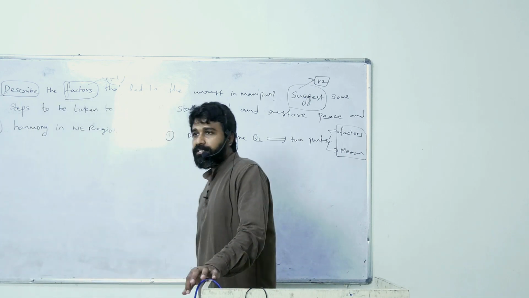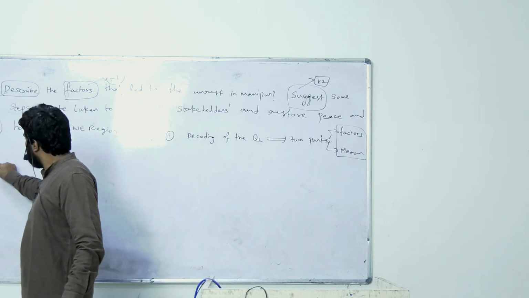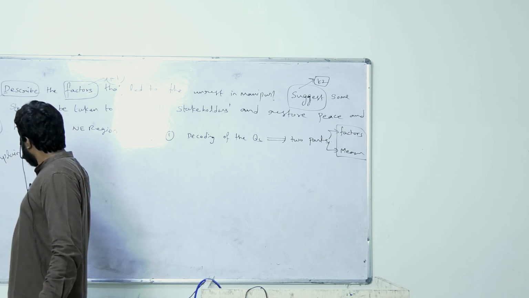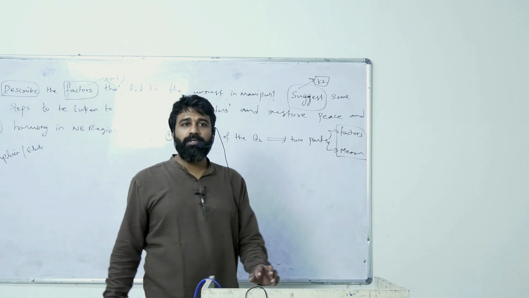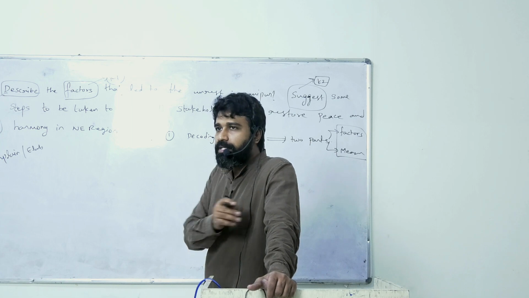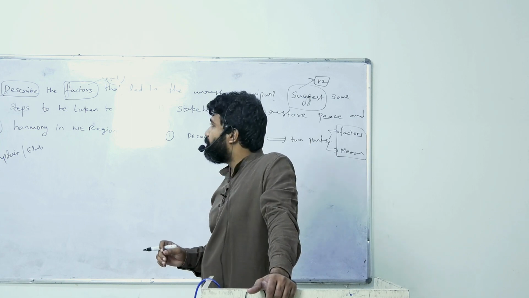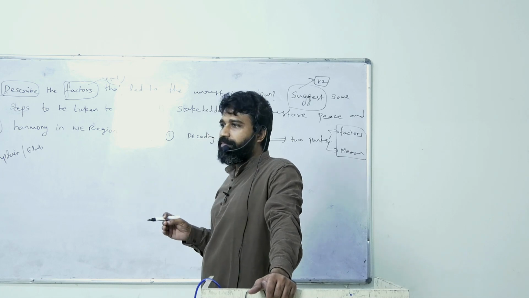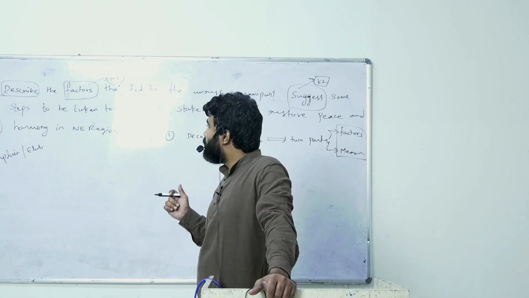Describe means a kind of explain. Elaborate is also explain, but in detail, requiring more valid arguments and substantiation. So describe means you need to explain the incidental aspects of the Manipur incident.